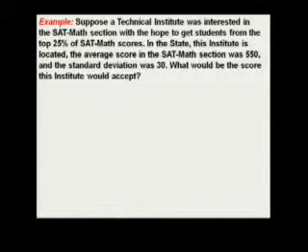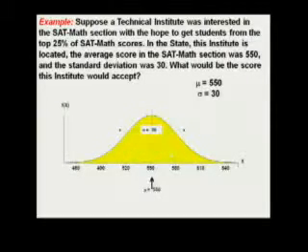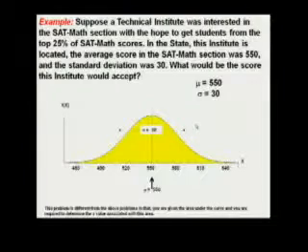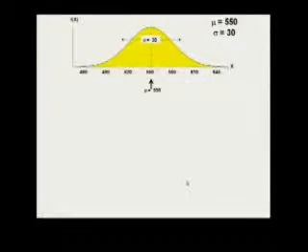Once again, we sketch the normal distribution, as you can see here, with well-identified mean value and standard deviation, and then we start looking at the top 25%. Now how are we going to do that?